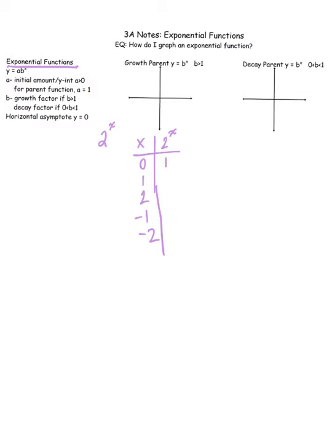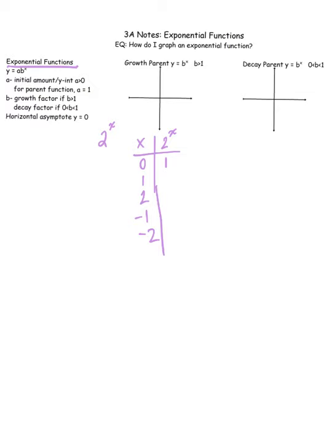So if that base would have been 3 or 4 or 10 or 100, anything raised to the 0 power has a value of 1. So that means when x is 0, no matter what our base is, the value of that exponential function will be 1. So on any single exponential function that hasn't been transformed, there will be a point (0, 1).